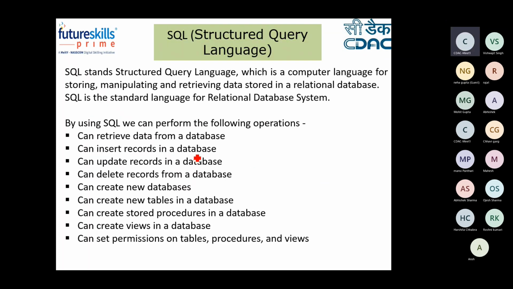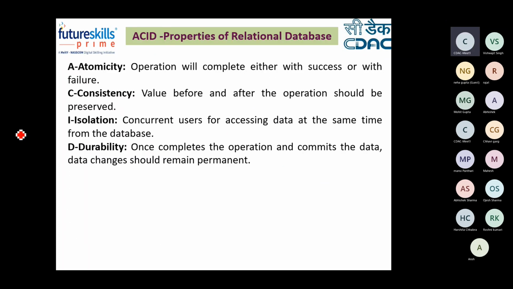Now, because a relational database basically follows the ACID properties, why is it required? Suppose this is the bank. In that bank, you are a user, and you have your account. This is user number 2, and this is user number 1.